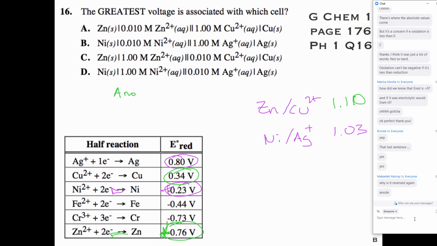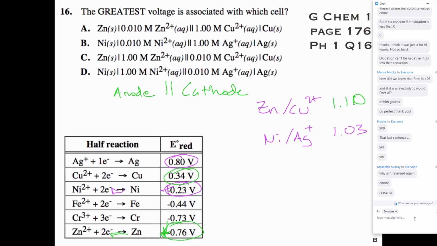So these are drawn anode, double line, cathode. And which comes first, reactants or products when you write it out? Anode reactant, anode product, cathode reactant, cathode product. So zinc going to zinc 2 plus, is that oxidation or reduction?